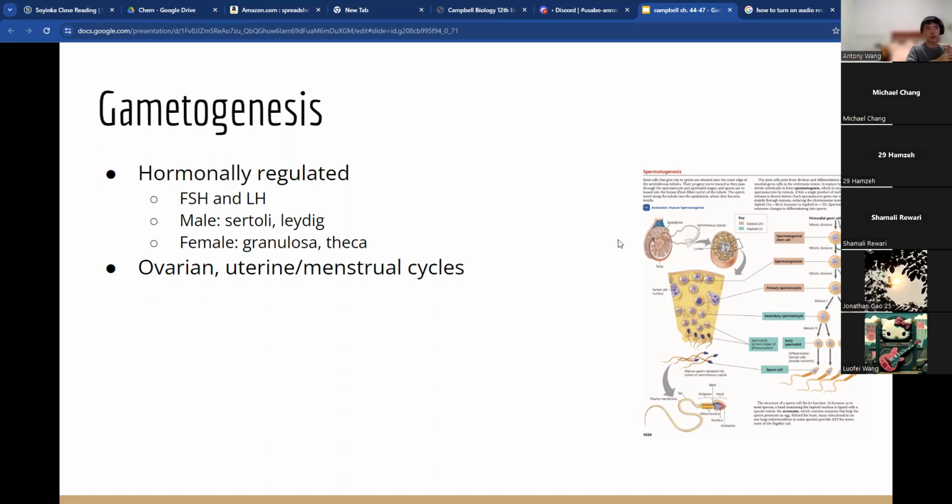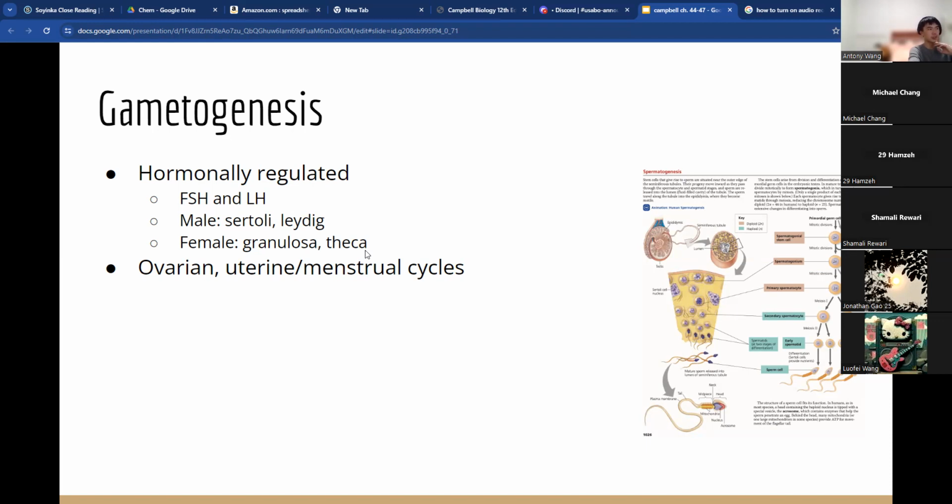The tropic hormones for your reproductive system. Like, for example, if you think of adrenocorticotropic hormone that stimulates your adrenal glands to grow, FSH and LH are the same for testes and ovaries, right? The female equivalent of Sertoli and Leydig cells are the granulosa and theca cells, and they're not exactly 100% analogous.